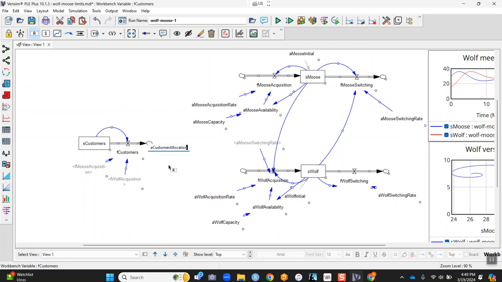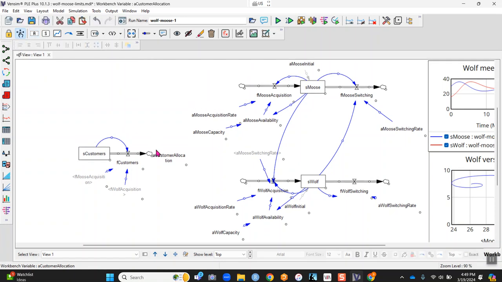So we have something called customer allocation. Move that over a little bit. Again, there we go. This is the right idea down here. I don't think we're going to be able to compute it. I think I can get this to compute, but I just want to be a little bit careful about how we go about that.